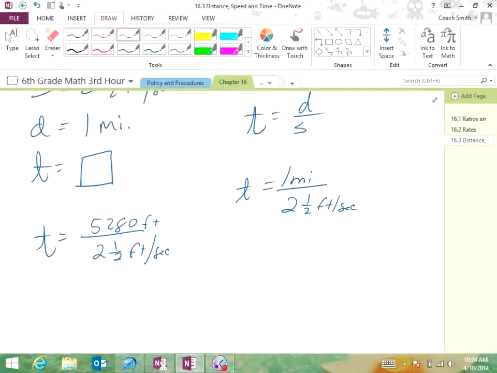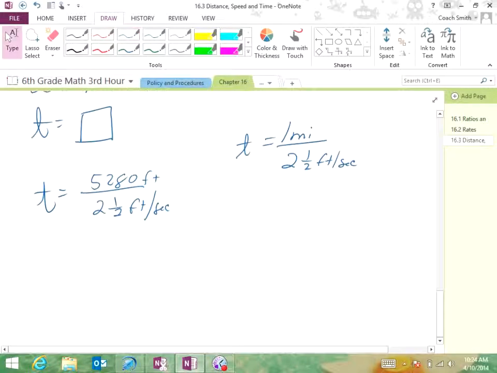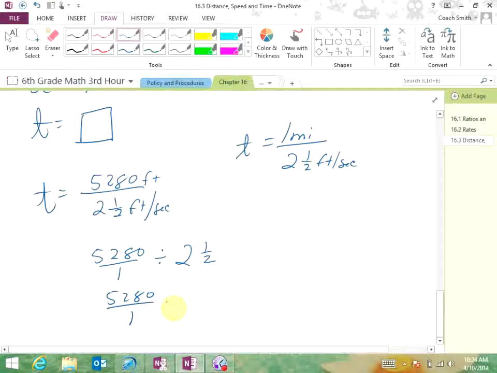5,280. All right, now, so what you have then is 5,280 over 1 divided by 2.5, because we're dealing with fractions. Okay? Well, that's 5,280 over 1 divided by 5 over 2. I just changed the mixed number to an improper fraction.